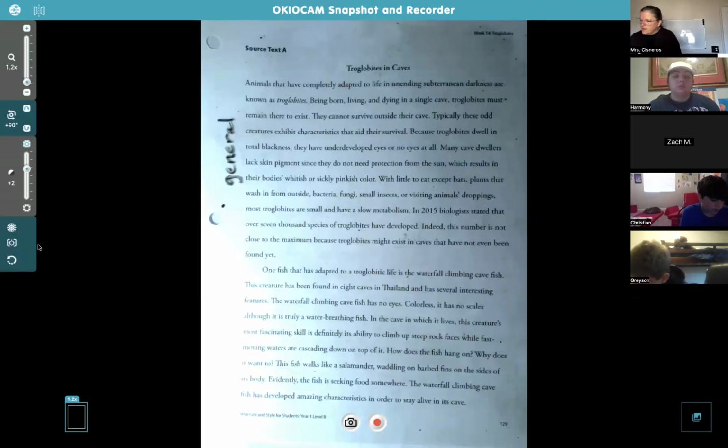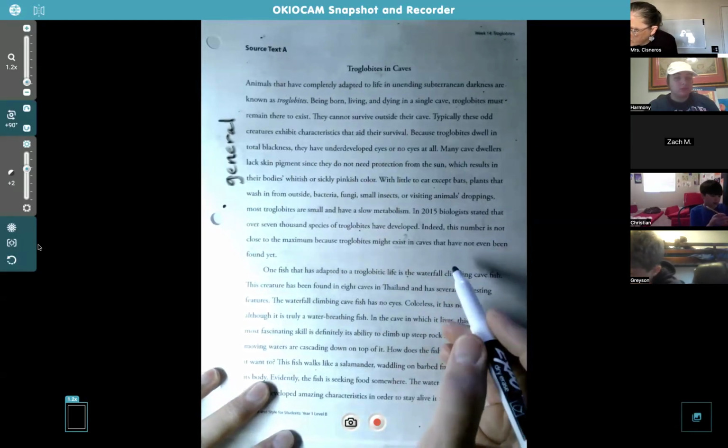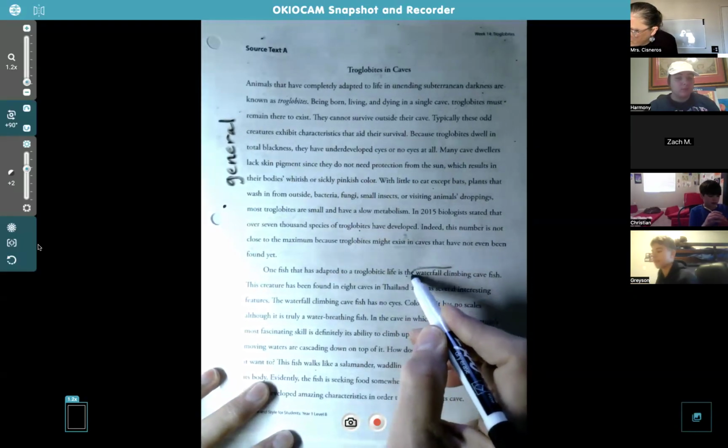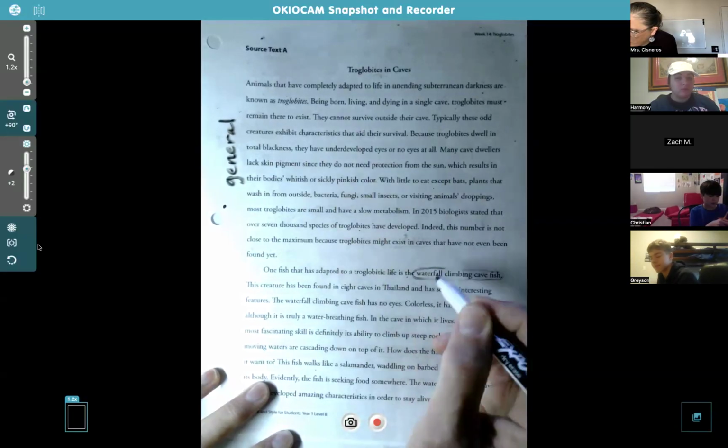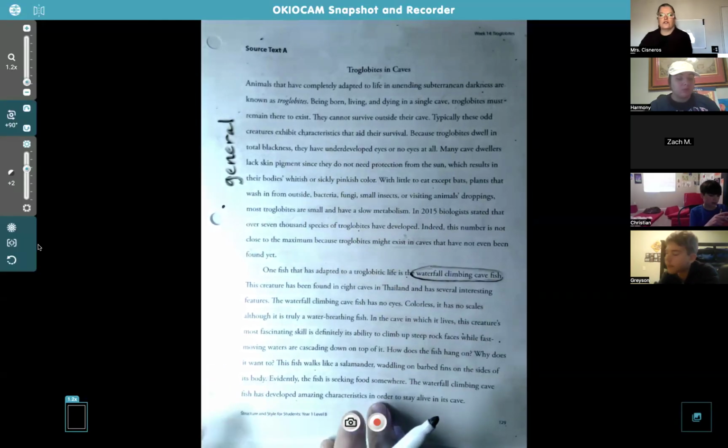Did you notice that waterfall climbing cave fish is in there a couple of times? I see it here, and I see it down here. It's the name of the fish, so that is the one they're talking about. You're right. What I want you to do is, right at the first sentence where it introduces it, circle waterfall climbing cave fish.